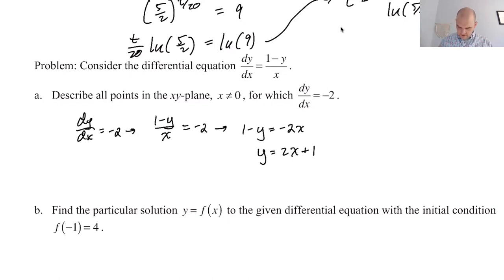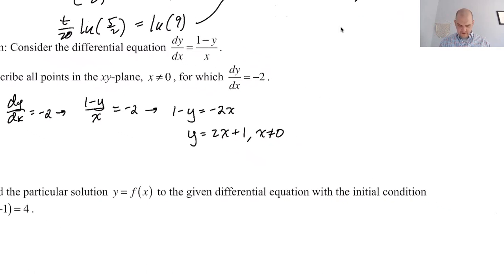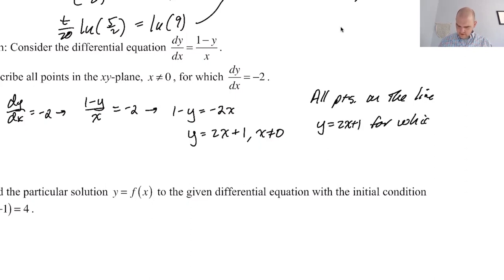So I added 2x and added y, and then I switched them. This is only true if x is not equal to 0. Now it says describe all the points in the plane for which dy/dx equals -2. So I'm going to say it's all points on the line y equals 2x plus 1 for which x does not equal 0.